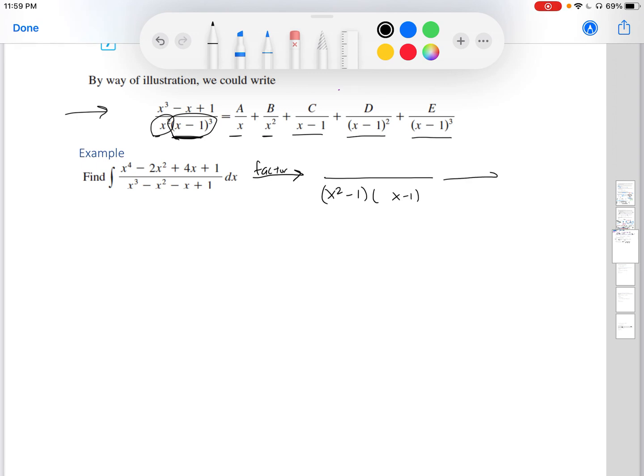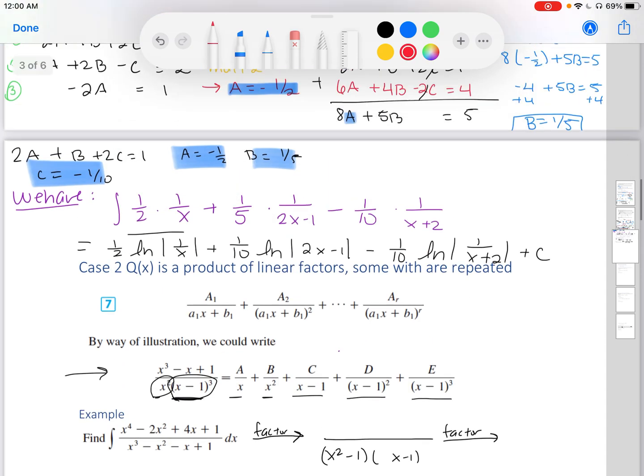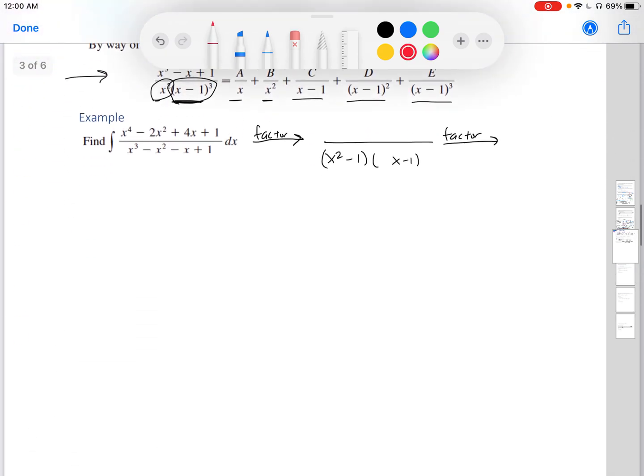We see that we can factor again. Right here we have a difference of squares. That factors to be x minus 1, x plus 1. So now we have two copies of x minus 1. So we have x minus 1 squared and x plus 1.